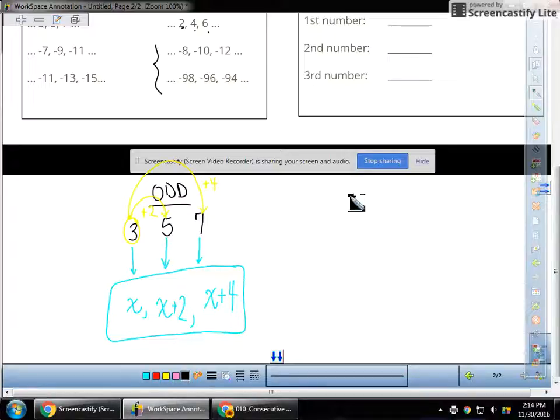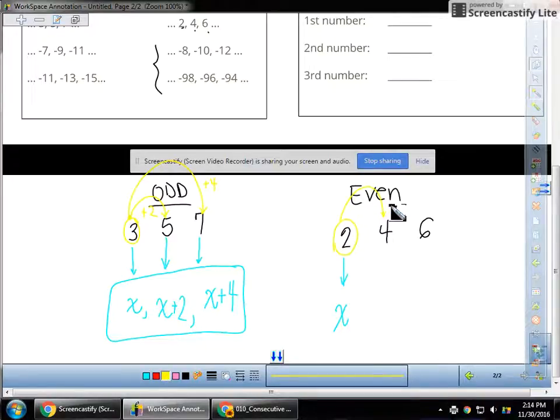So what happens if they're even? So if I take the example 2, 4, and 6, I can proceed the same way. I know that I can represent my first number 2 with the letter x, and then I say, how do I get from 2 to 4? Well, I add 2. So to get my second consecutive even number, I take x and I add 2.